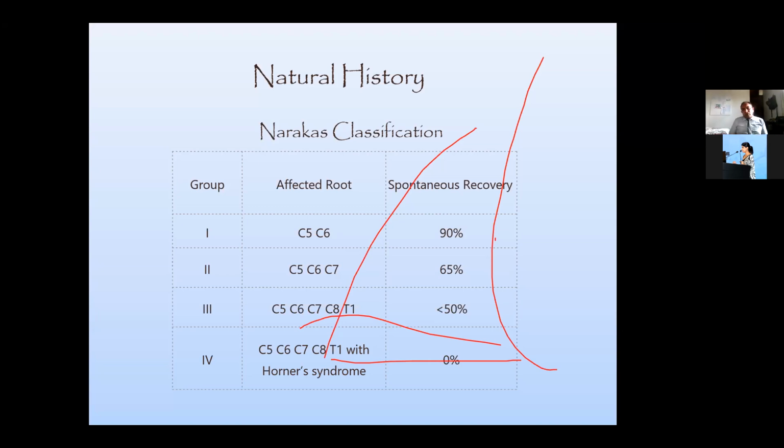So as we know, if you speak to obstetricians, they would say it recovers 90%, 80%, and even if you read our textbooks, it says that's the usual scenario. But this 90% or 80% is true for the Narakas type 1 only. So it is the C5, C6 injury. But when it comes to extended upper plexus or C5, C6, C7 injury, the recovery is about 65%. And when it comes to Narakas 3, less than 50% recovery.